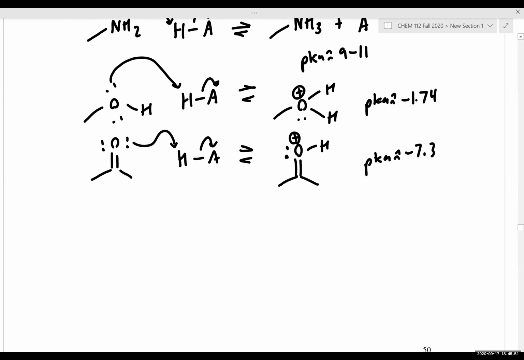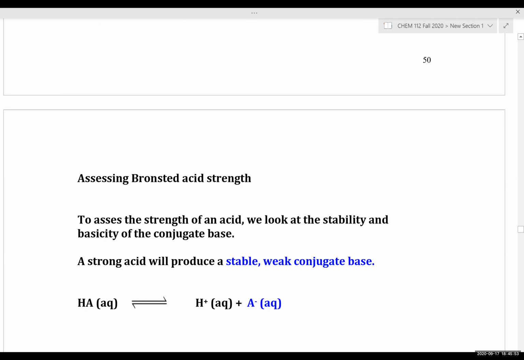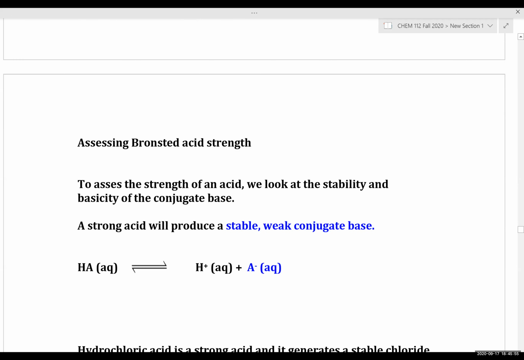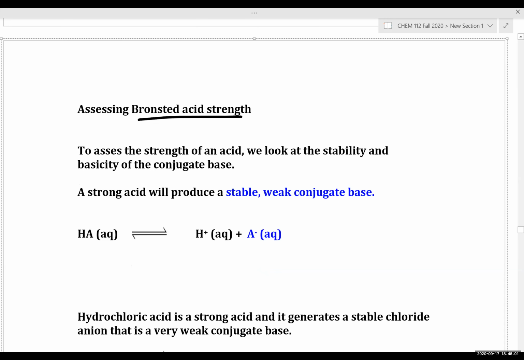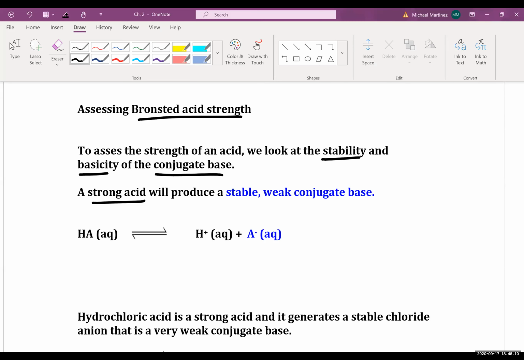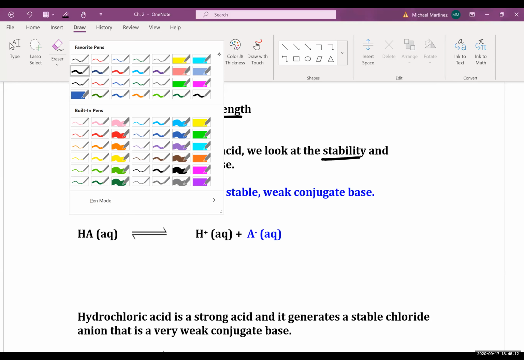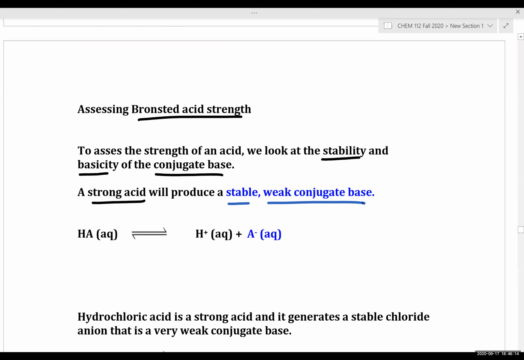So let's keep going now. When we think about assessing Bronsted acid strength, to assess the strength of a Bronsted acid, we look at the stability and basicity of the conjugate base. A strong acid in general will produce a stable, weak conjugate base.